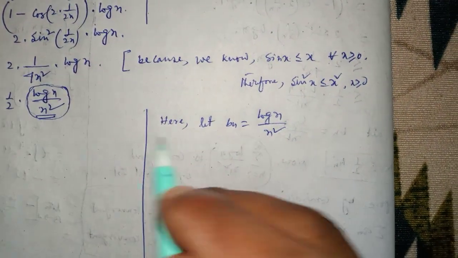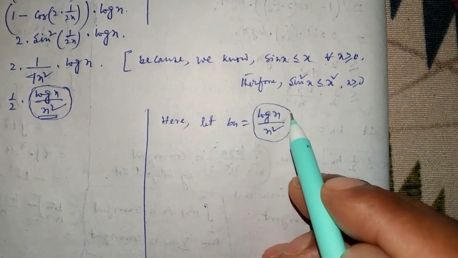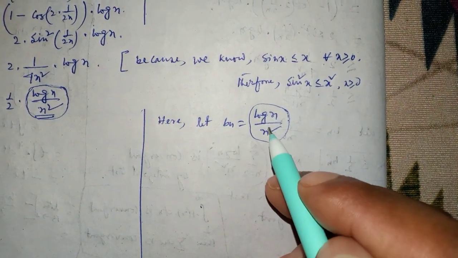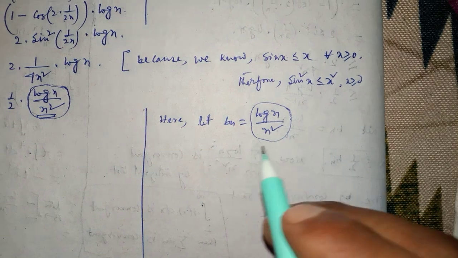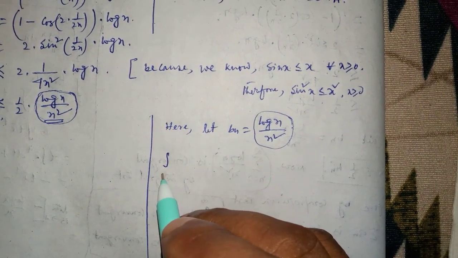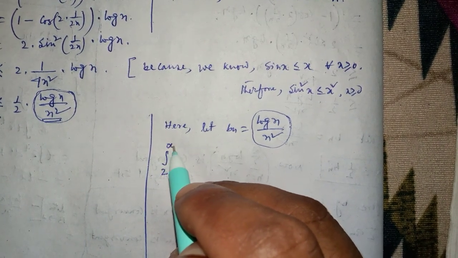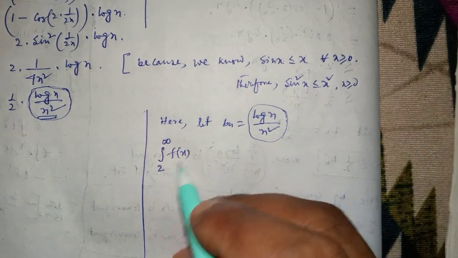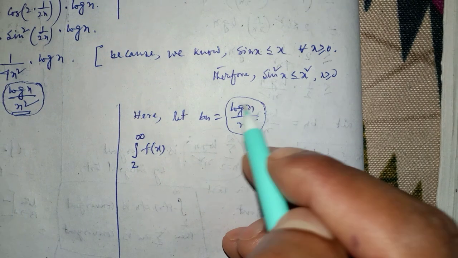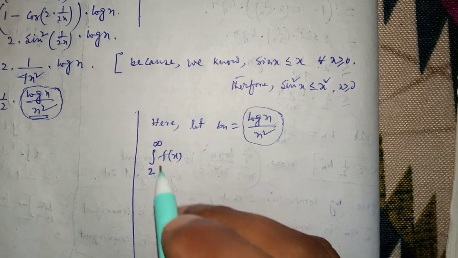So from integral test we have to show the series Bn is convergent, because from integral test we know that if integration 2 to infinity f of x, because here log n, if n equal to 1 then this is 0, so we take from 2 to infinity.